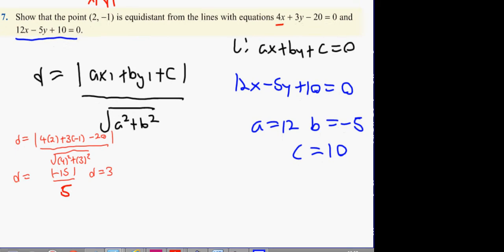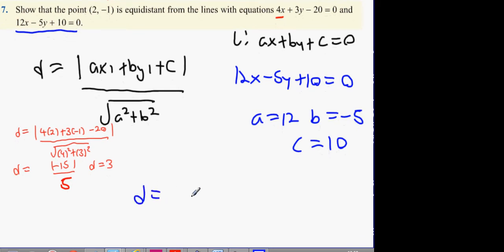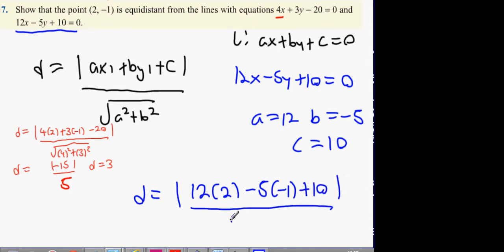We're going to put this into the distance equation. And this time we're going to get 12 times 2 minus 5 times minus 1 plus C, which is 10, and this is all divided by the square root of 12 squared plus minus 5 squared.